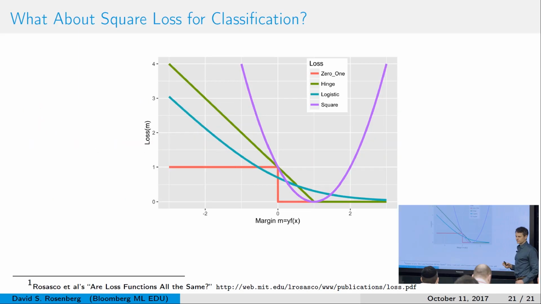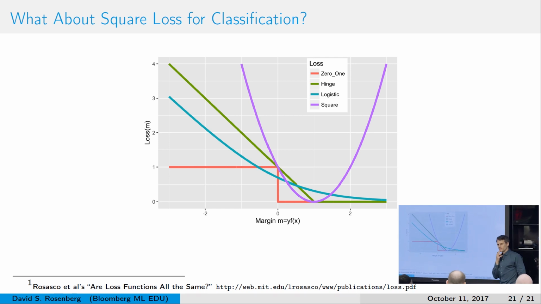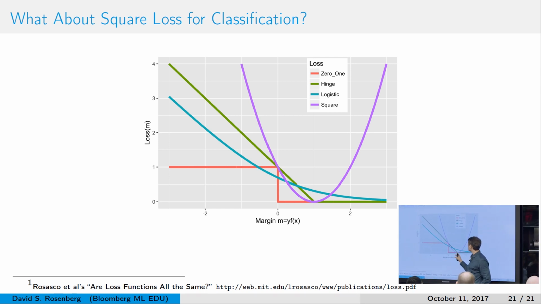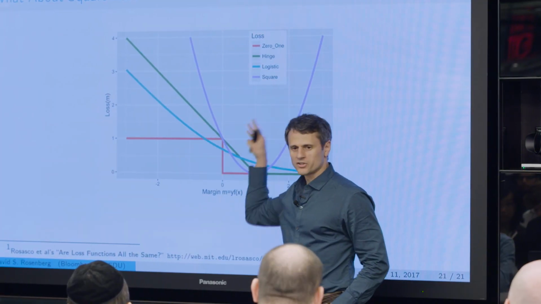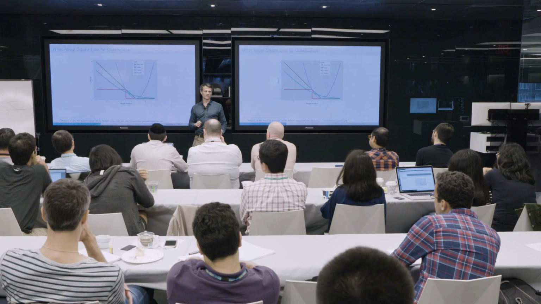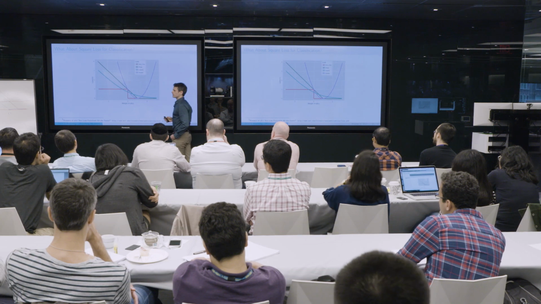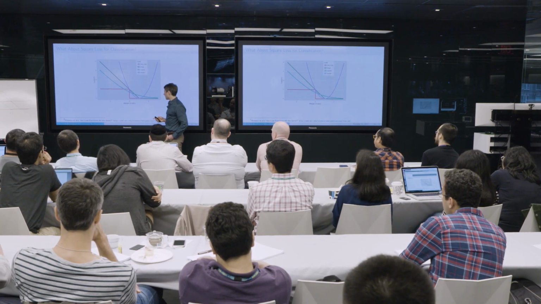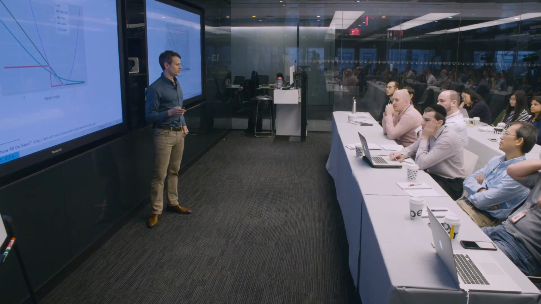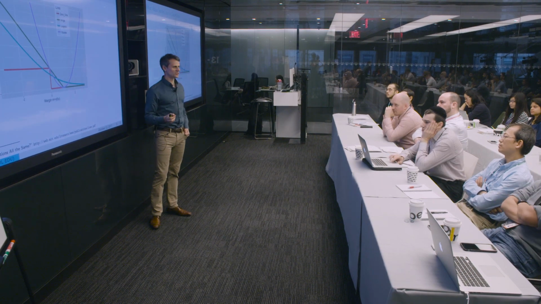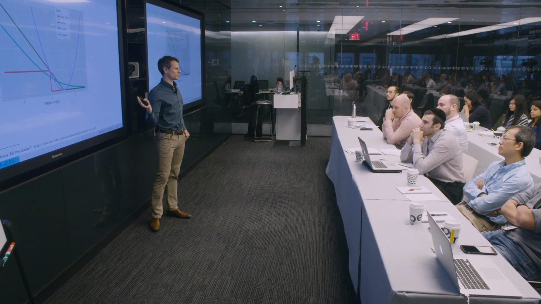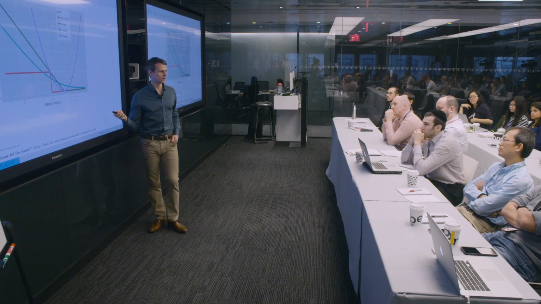Let's see what it looks like. This is what square loss looks like as a function of the margin. It's 0 at m equals 1, and then it shoots up to the right. People have done some theory and experiments on this, and it's actually not that bad. There's not really a strong consensus that this is very much worse than hinge or logistic.